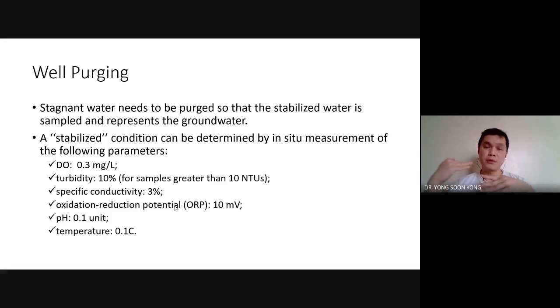They don't come in contact with air. In this case, the ORP value may vary depending on how much oxygen they come in contact with. So this is also one parameter only measured for groundwater. Apart from that is specific conductivity. Turbidity is another, dissolved oxygen.